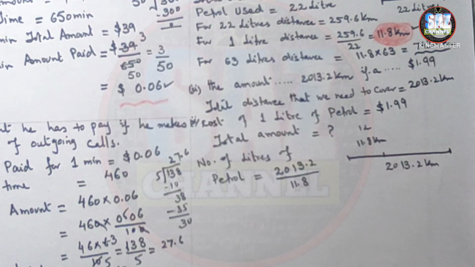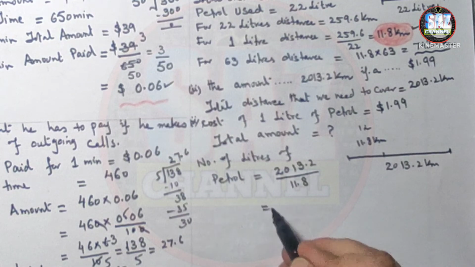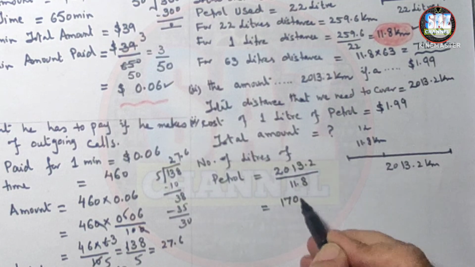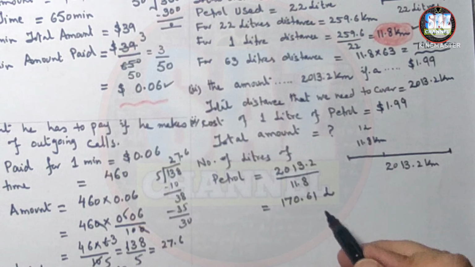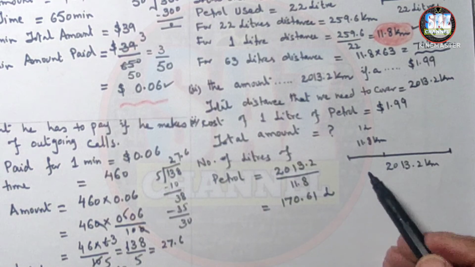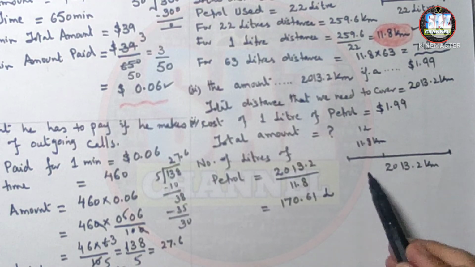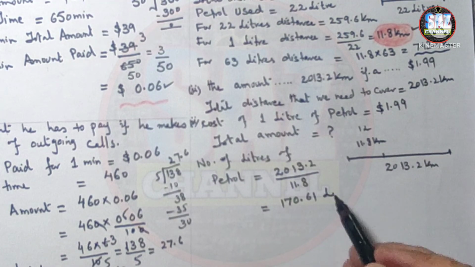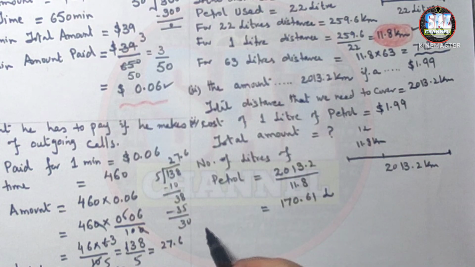Let me divide this number: 13.2 divided by 11.8 gives me 170.61 liters. So it means that in order to cover this total distance of 13.2, we need 170.61 liters.